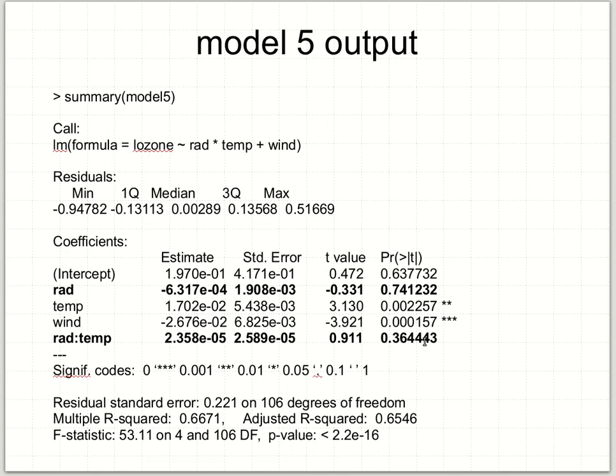Well, as Crawley talks about, we should think about model simplification and deal with the most complicated term first that is not significant and remove that. Well, it's easy in this case. I can talk about the interaction term and remove the interaction, include just radiation, and therefore I would be removing the multicollinearity between those two terms, right? If I take out radiation times temperature, there's really nothing to be correlated tightly with radiation anymore.